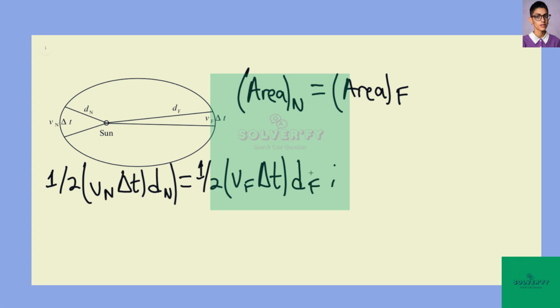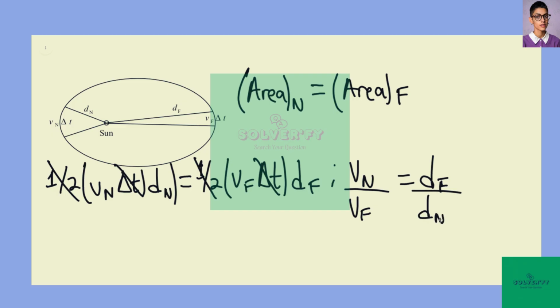And so we can cancel delta t out, and we have that velocity near divided by velocity far will be equal to the distance far divided by the distance near.